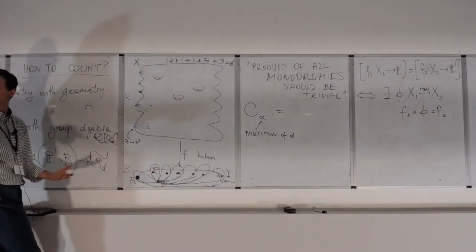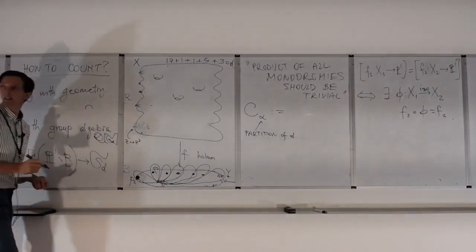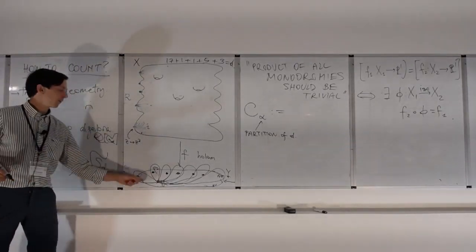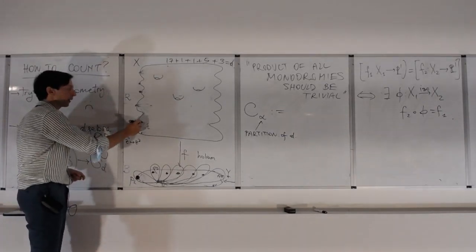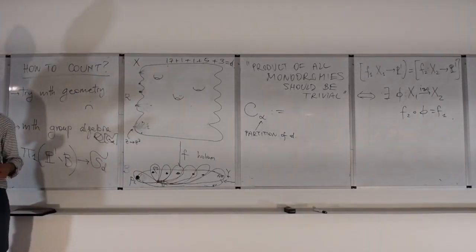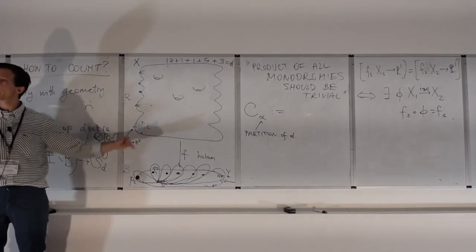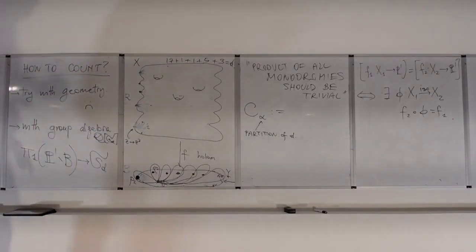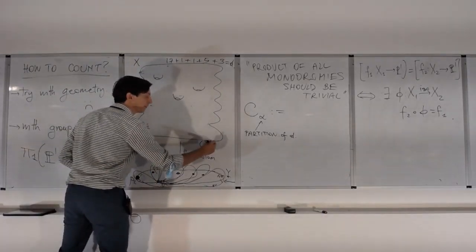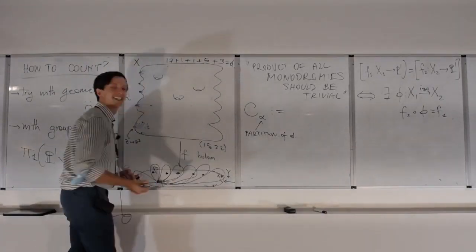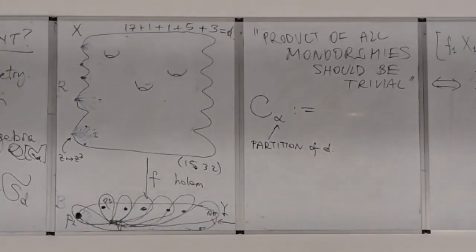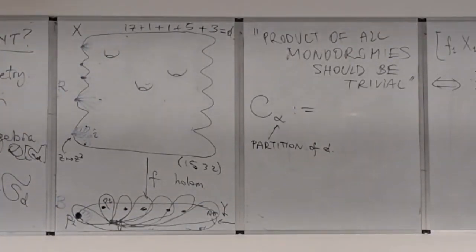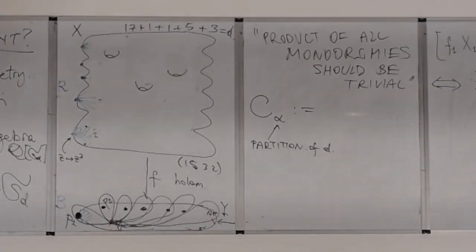Just choose one. You will be on this sheet over here. Now you go around the loop, and then you will end up on another sheet. These sheets are labeled from 1 to D. So you start from 1, you go to the 5th. So you have a permutation whose cycle is 1, 5, 3, 2. So you take the preimage by F of your loop, and the endpoints are a permutation of the initial points.